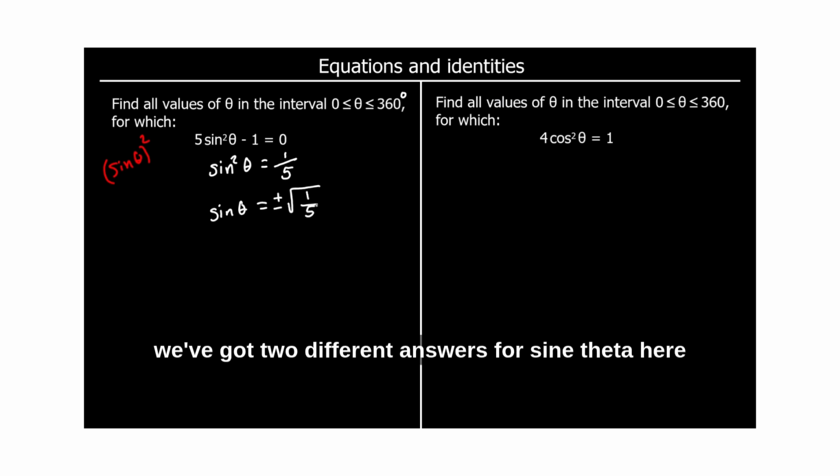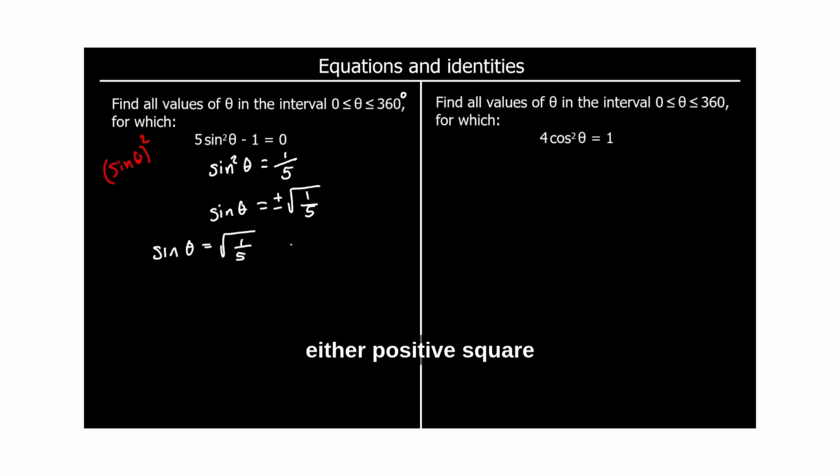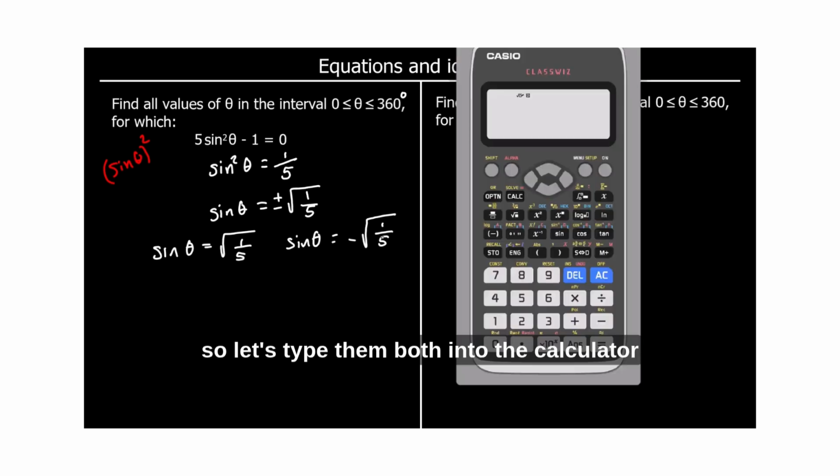So we've got two different answers for sine theta here, and we're going to get different answers for both of them. Either positive square root of a fifth, or negative square root of a fifth. Let's type them both into the calculator. Shift sine square root of 1/5.